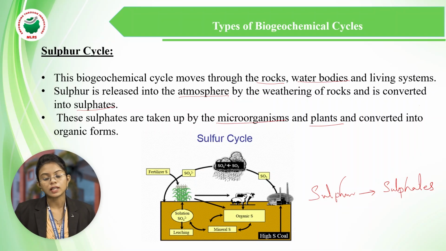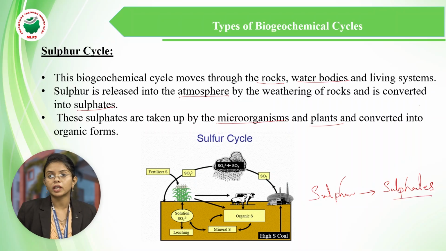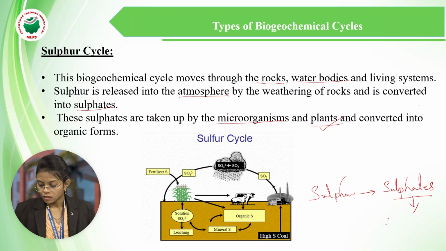So the sulfur we obtain by the weathering of rocks is converted into sulfates, and these sulfates are consumed by the microorganisms and the plants, and these microorganisms and plants convert these sulfates into organic forms.